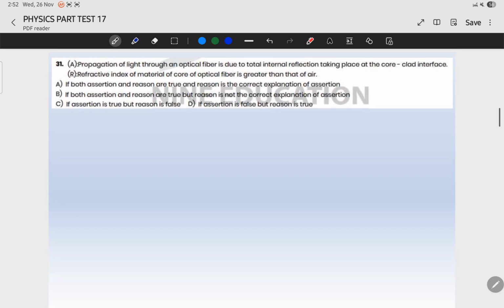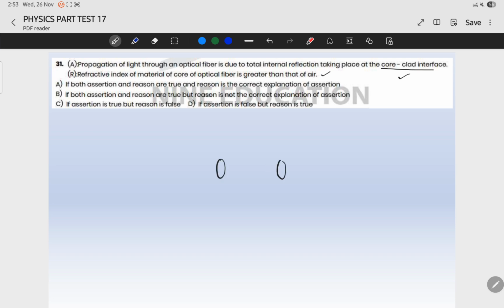Coming to the next question, propagation of light through optical fiber is due to total internal reflection taking place at core clad interface, which is true. The refractive index of material of core of optical fiber is greater than that of air. It is true, but it does not explain.